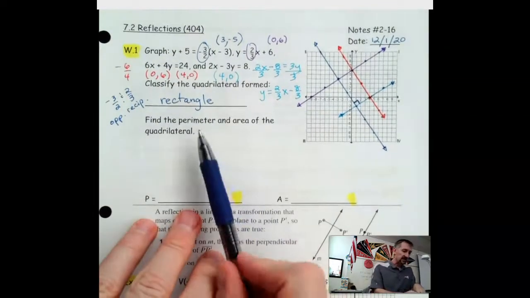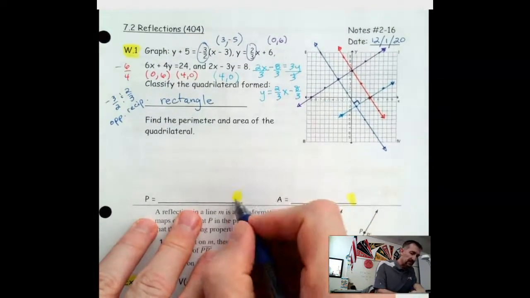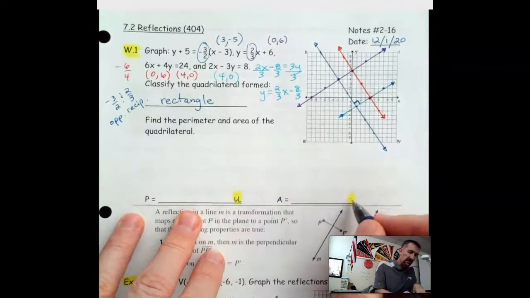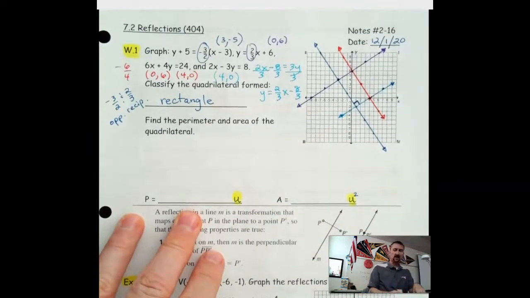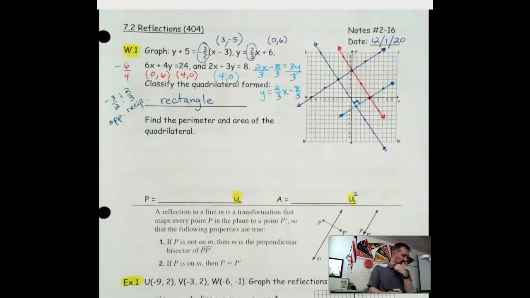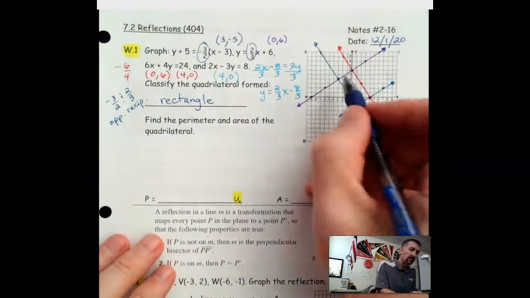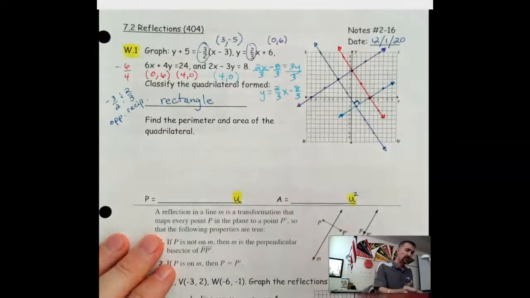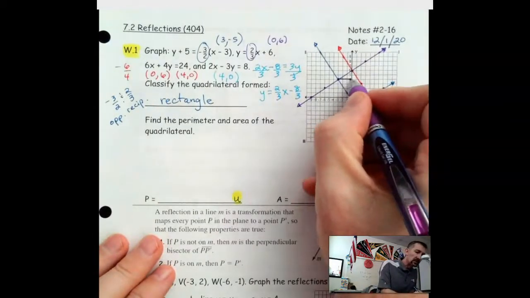Now, we're also asked to find the perimeter and the area, as usual, and so here the perimeter, we want to focus on those units. That's why I have this highlighted to make sure that we get our units on there. Okay, so the perimeter, let's get the short side first here.